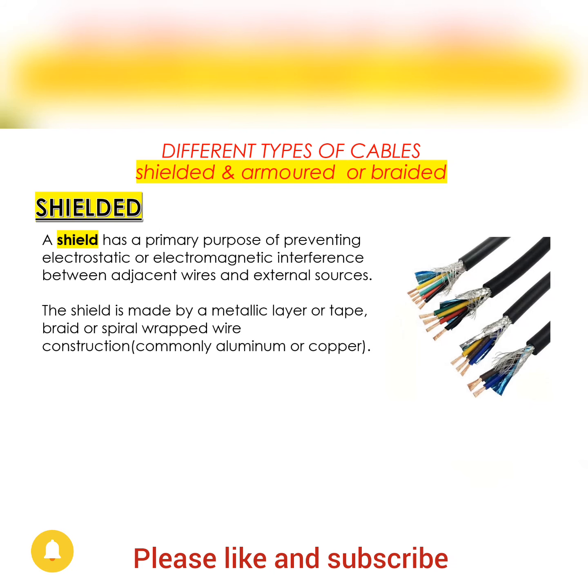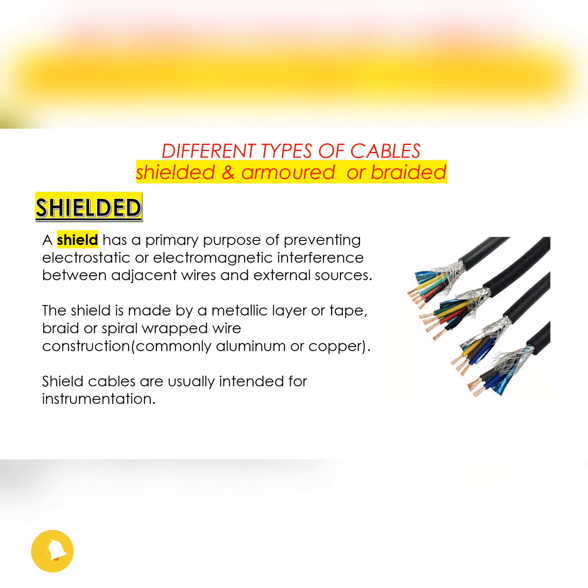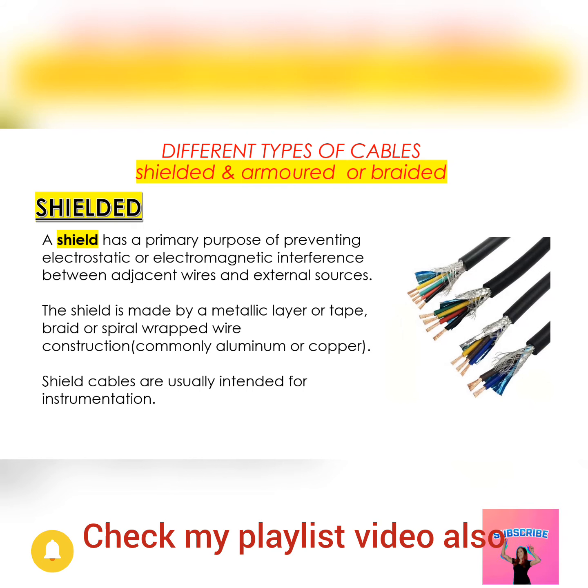The shield is made by a metallic layer or tape, braided or spiral wrapped wire, commonly aluminum or copper. Shield cables are usually intended for instrumentation.